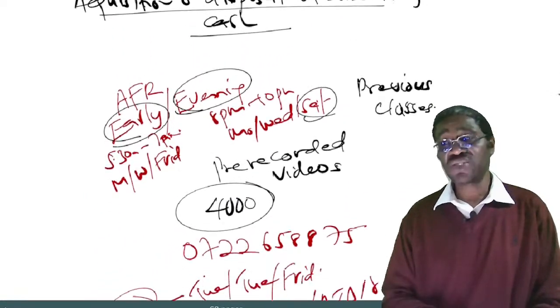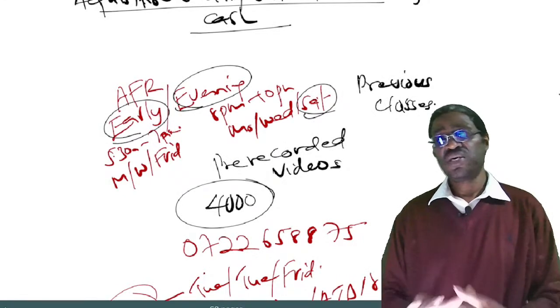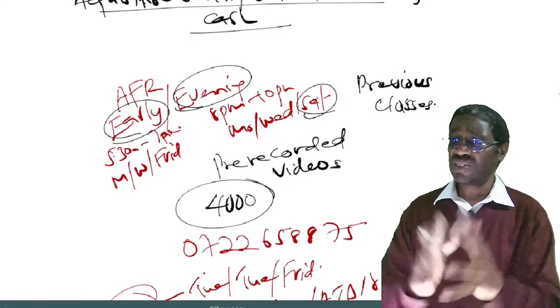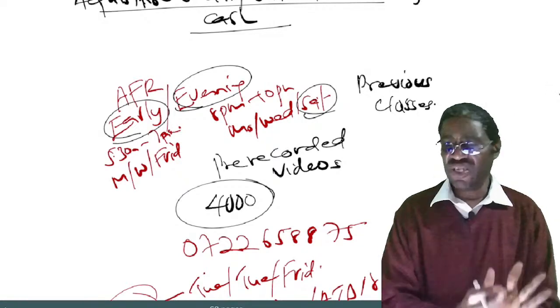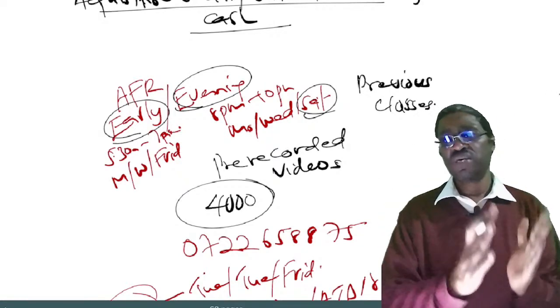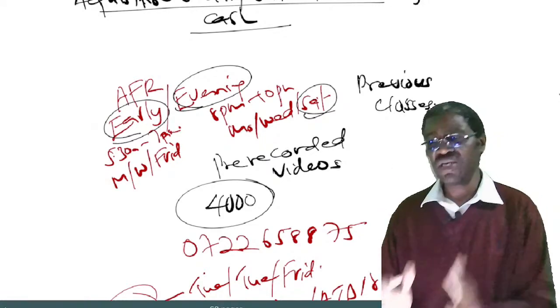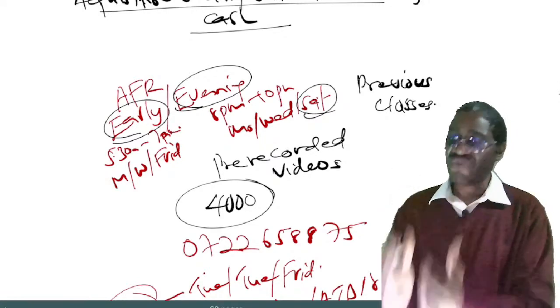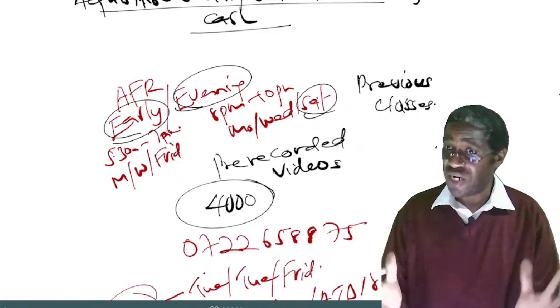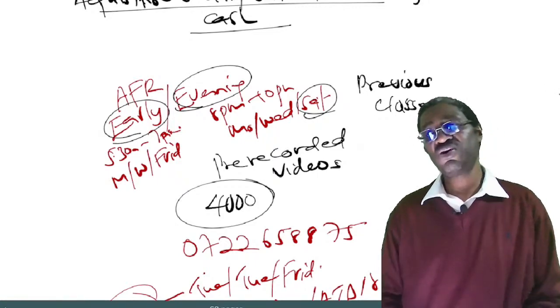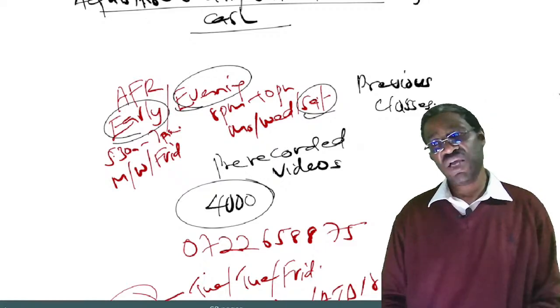For the new students, of course, if you want to continue with us, we have told you there is an early morning class or evening class. Early morning, 5:30 to 7, evening, 8 to 10 p.m. every Monday, Wednesday, and Saturday. Early morning, Monday, Wednesday, and Friday. I've also told you, in case you miss a class, don't panic. You can still watch your video at your own free time.